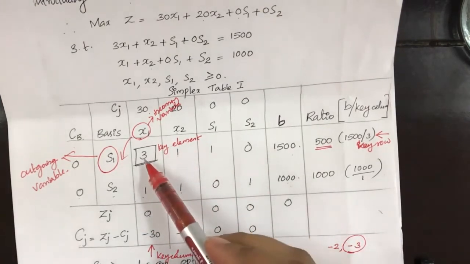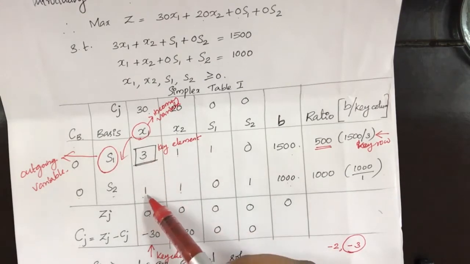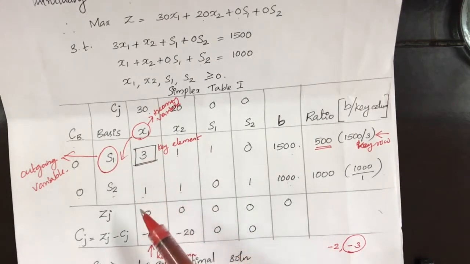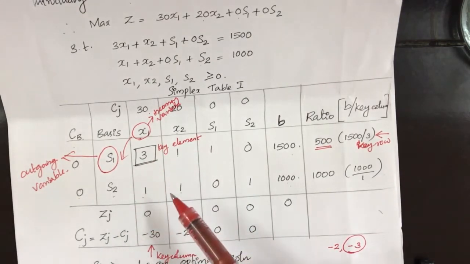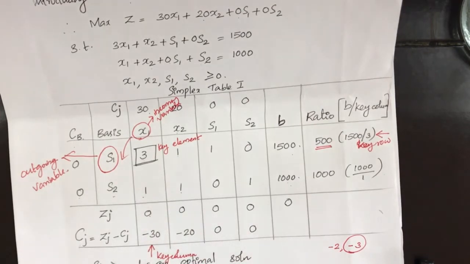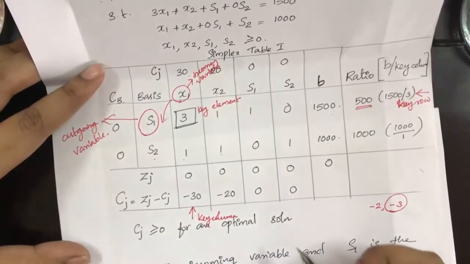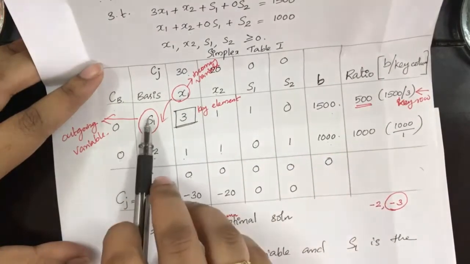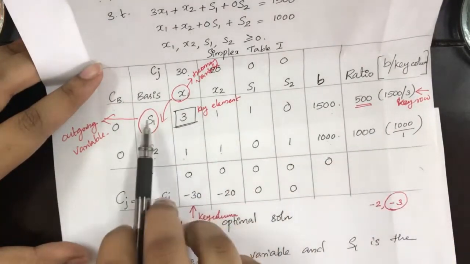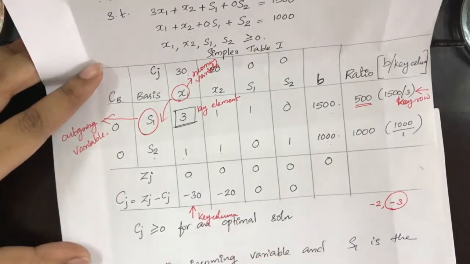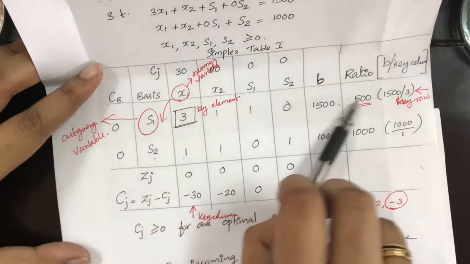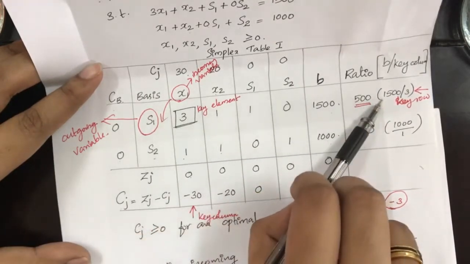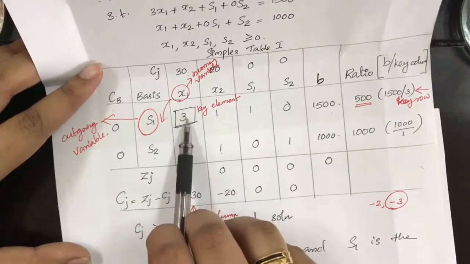So in the next table we make 3 as 1 and 1 as 0 using only row transformation. We make this 3 as 1 by dividing row 1 by 3.